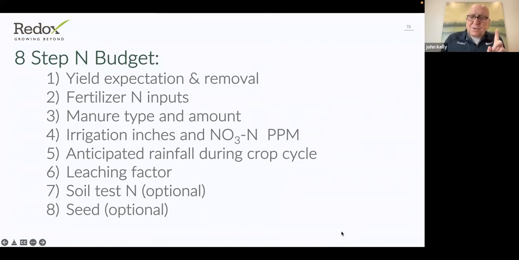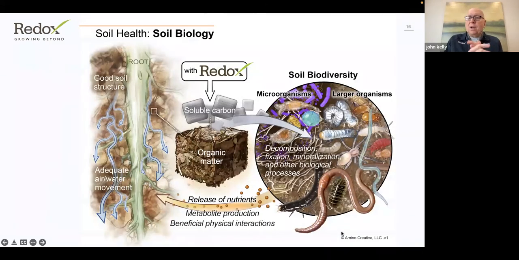The next strategy is to focus on what we refer to as soil health. This focus on soil health can have tremendous benefits for increasing nitrogen efficiency. I'm going to discuss three principles of soil health. The first being soil biology, the second will be plant physiology, and the third will be soil chemistry. Let's discuss soil biology. Why would improved biology improve nitrogen efficiency?